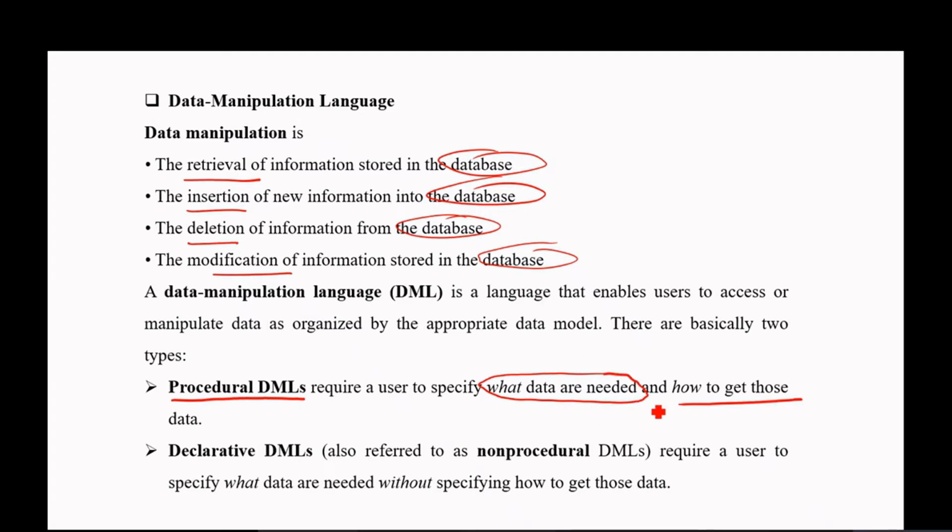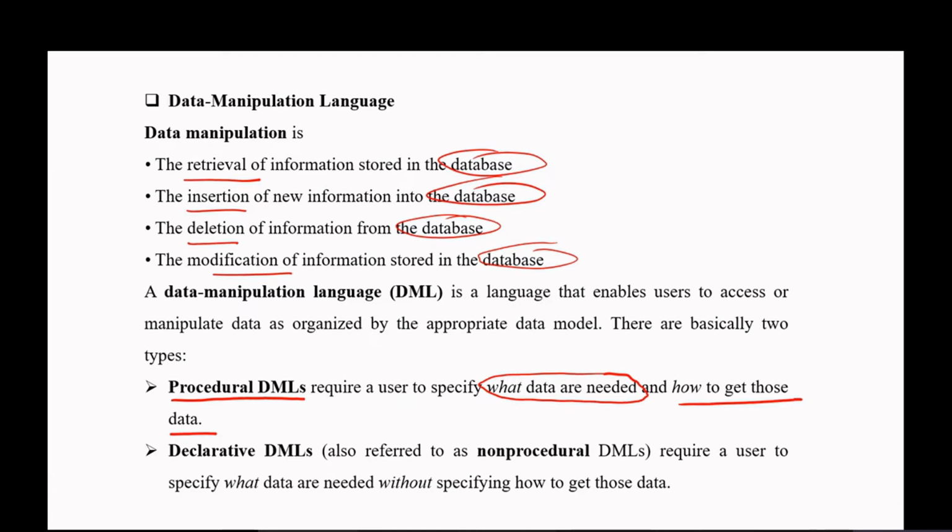But how to get that data will also be specified there. If in your query both what data is required and how that data will be fetched are described, then you will say, this is procedural DML. So in algebra, you write both, what data and how you will get that data.